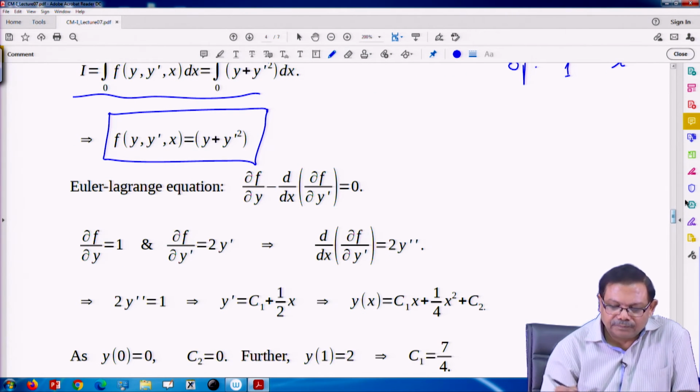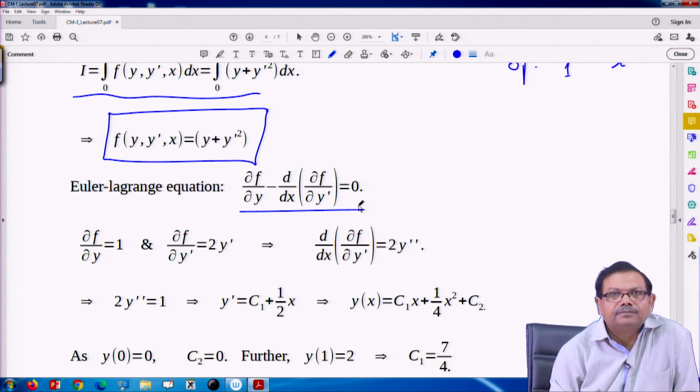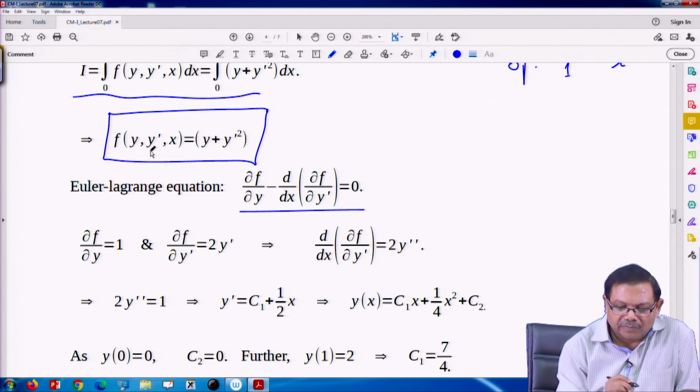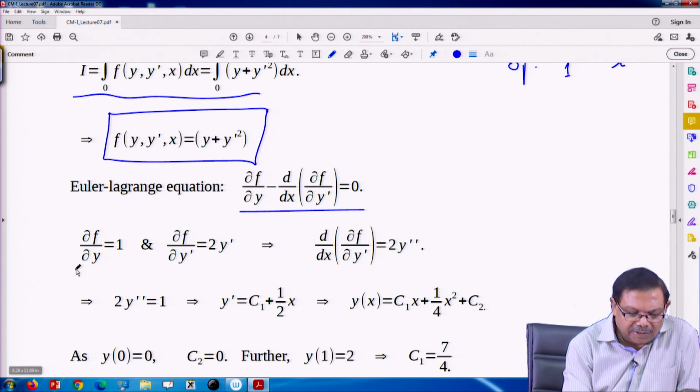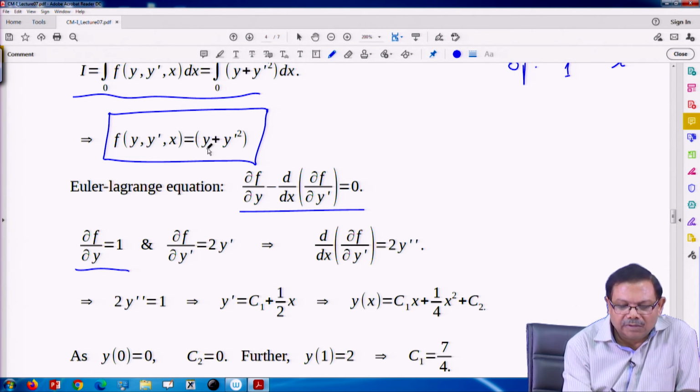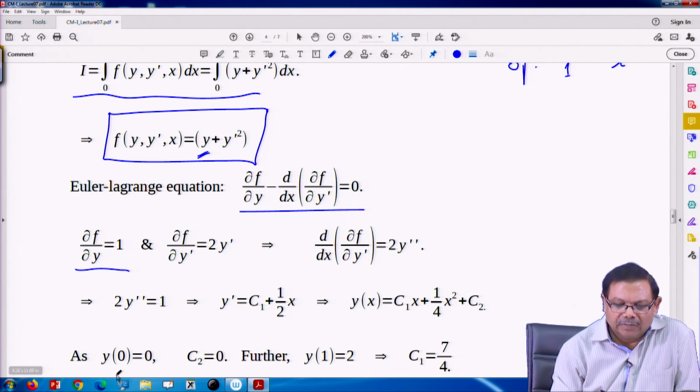Okay. So, using the Euler-Lagrange equation, which is this one, f is given here. So, I can find its partial derivative with respect to y. It is linearly proportional to y, so it would be 1. We can also find the derivative with respect to y prime. There is the y prime square term, so it would be 2 y prime.